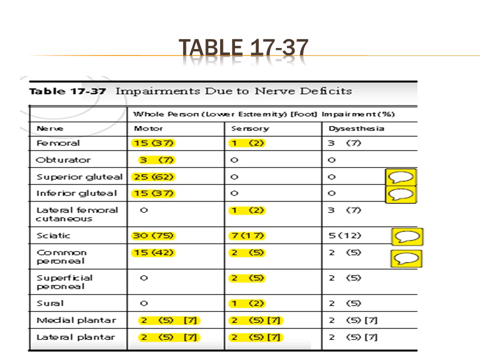The remainder of the nerves, you can see, are mixed nerves. They have both motor and sensory function, and the guides provide for appropriate losses of each of those nerves.